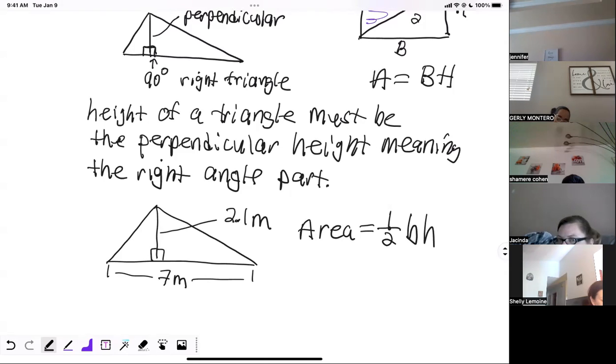So what I'm going to do is substitute in my base and my height. So 1/2, my base, that's my bottom, think base, bottom, is 7. My height is the perpendicular, the one with the right angle, that's 2.1. I'm going to multiply it all together.